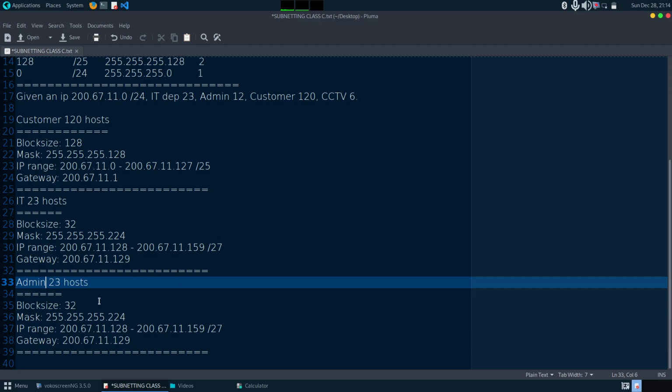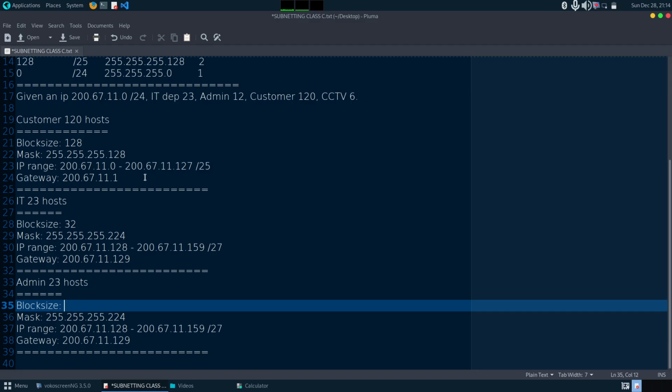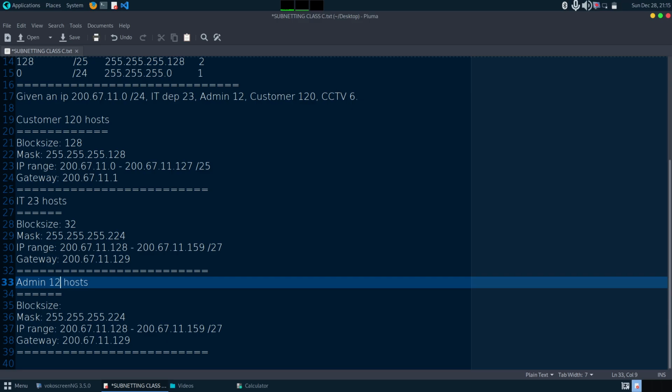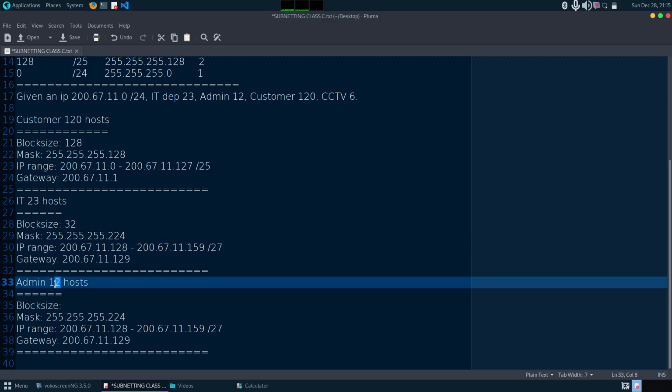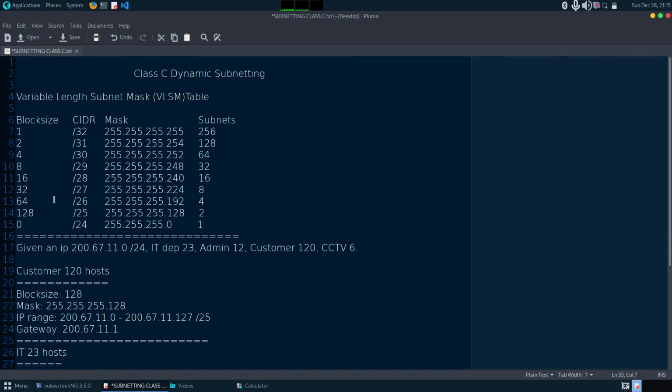Okay, so admin has 12 hosts. So remember here, we get back again to the blocks. In which number can 12 go at least once and leave a remainder? A remainder of at least 1.